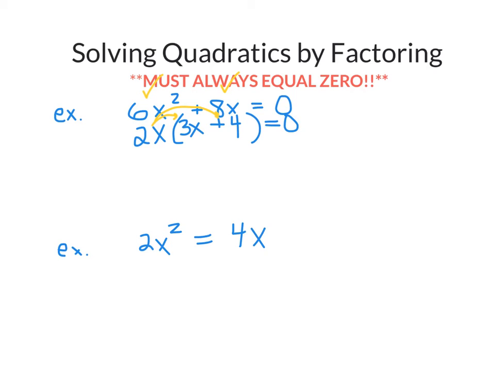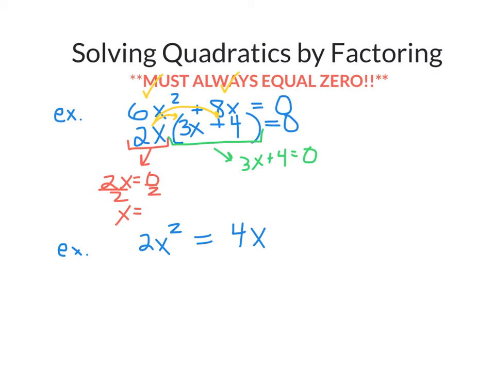And so now that it's in factored form, we can use the zero product property, which says if something times another thing equals 0, then either the first thing equals 0 or the second thing equals 0. So that gives us our two equations that we can then solve for x. So here I can divide both sides by 2.